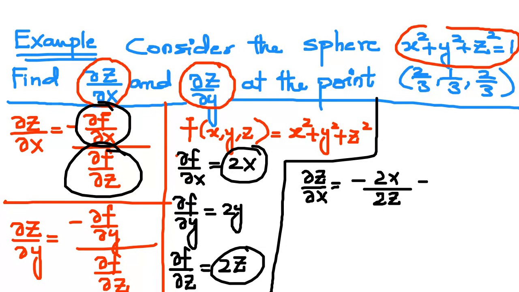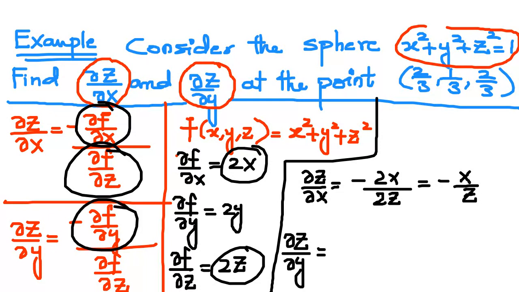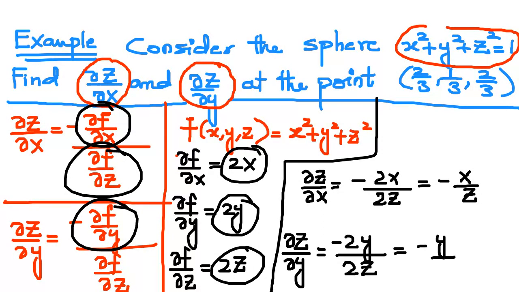That will give me negative x divided by z. Similarly, you can find the partial derivative of z with respect to y: the partial derivative of f with respect to y is 2y, so negative 2y divided by 2z, that is equal to minus y over z.